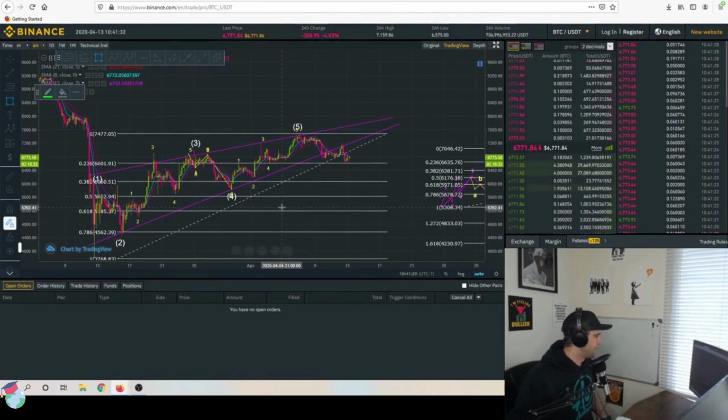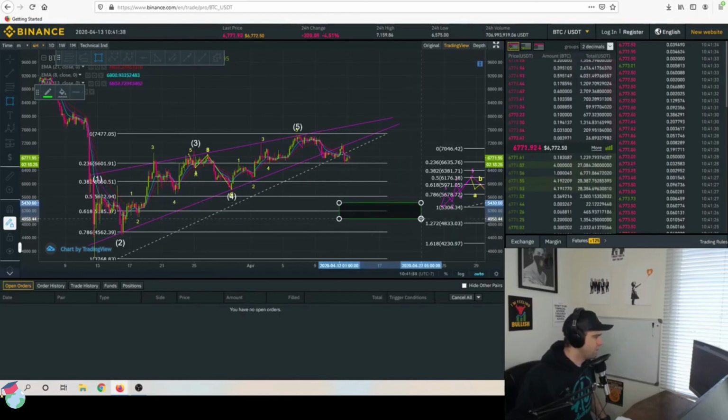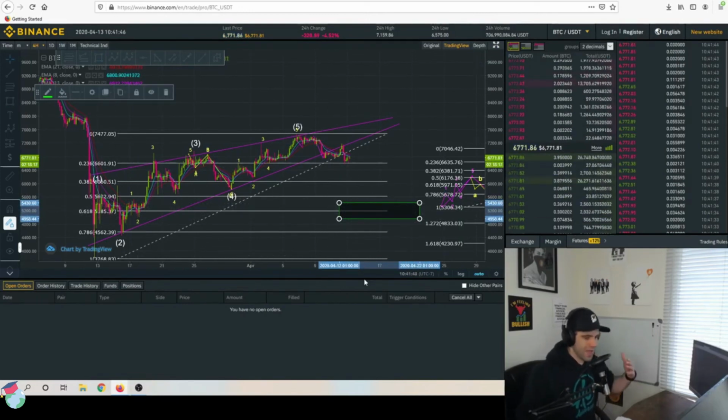The golden pocket is basically 5,200 area. So anywhere from the 0.5 down, but you guys, there's lots of support down in this area right at the golden pocket, because I always want to line up my fib retrace levels with other support and resistance areas.